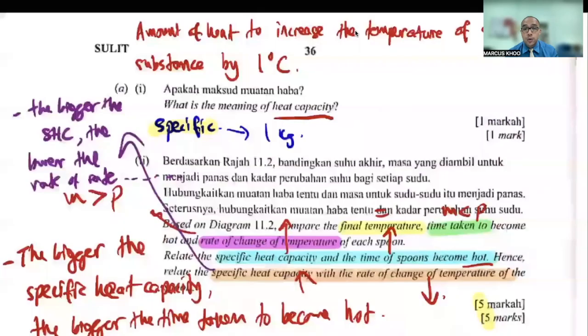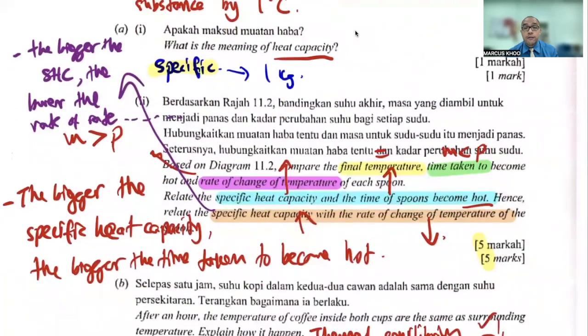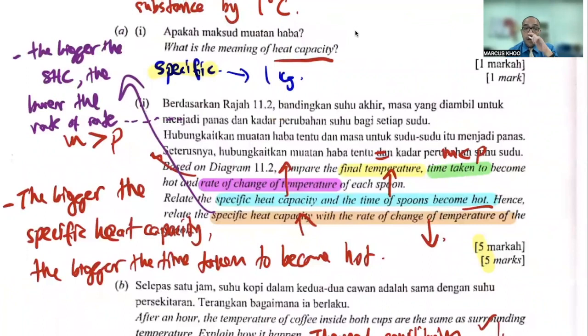Now remember, rate is opposite with time. The smaller the time, the bigger the rate. So the metal has a bigger rate of change of temperature than the plastic spoon because it takes a shorter amount of time to reach that final temperature.